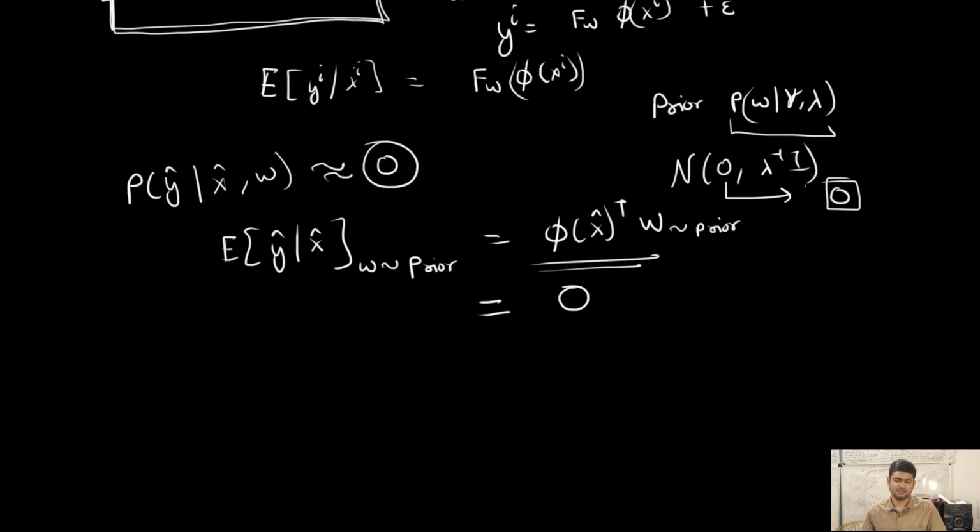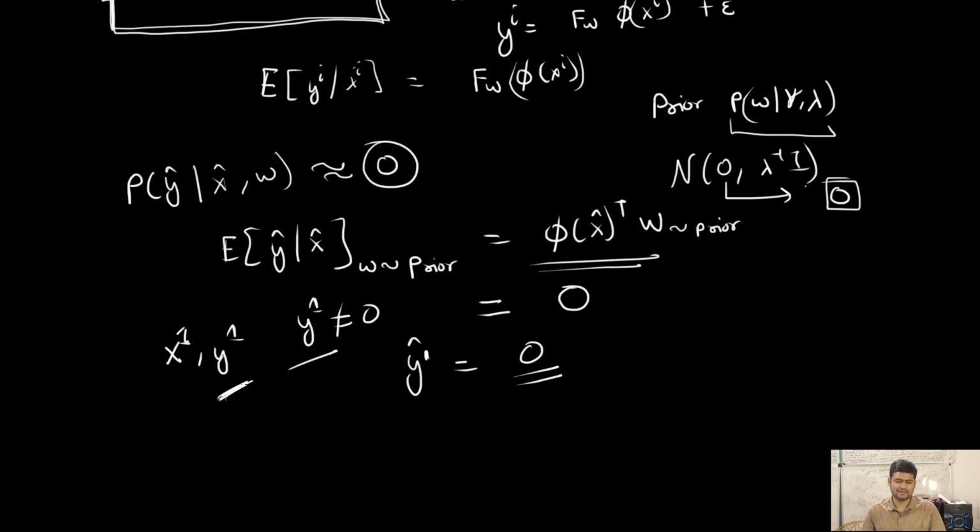But now let's assume that you observe one data point. We are throwing the data set at you one sample after the other. So let's assume we give you x1 and y1, where y1 is not equal to 0. If you take the prior distribution into account, the prior distribution will say that the most plausible value of w is 0, and that's why the most plausible predicted value y1 hat should be 0.